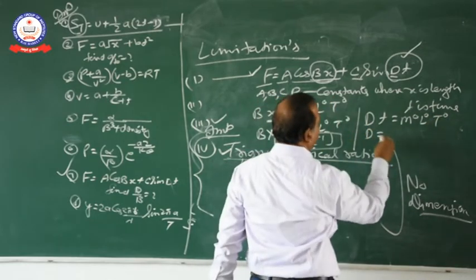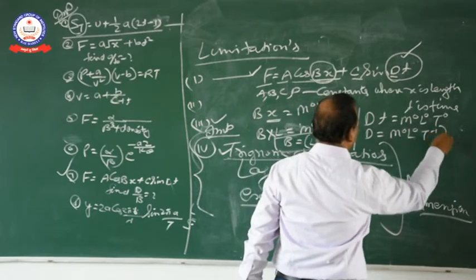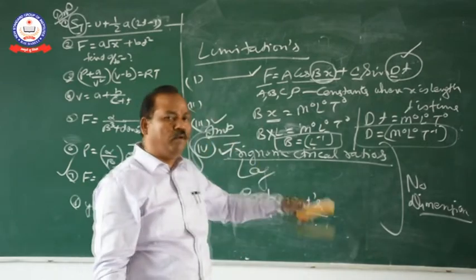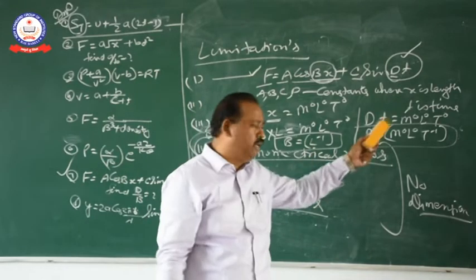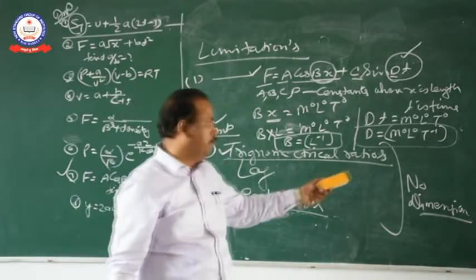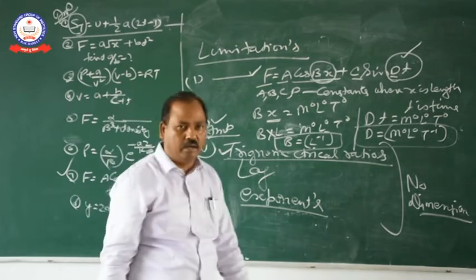Then d is m raised to power 0, l raised to power 0, t raised to power minus 1. So the dimensional formula of b is L inverse, and of d is m raised to power 0, l raised to power 0, t raised to power minus 1. Correct?